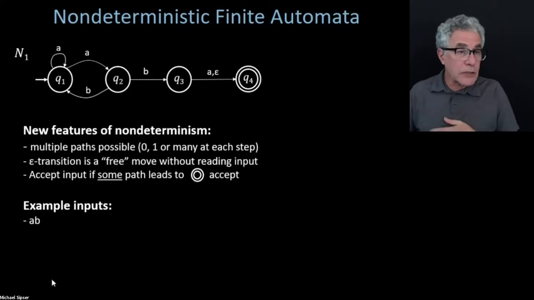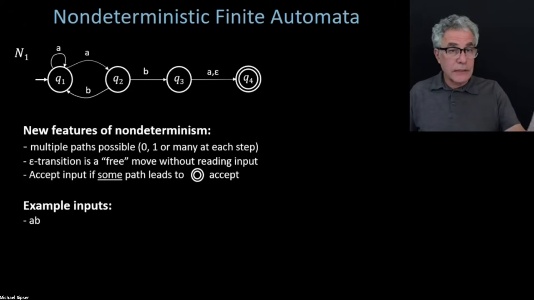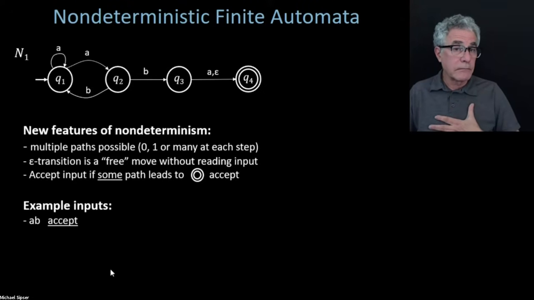So that corresponds to what we said before: accept the input if some path leads to an accept. So if any way of proceeding through these non-deterministic choices will lead you to an accept, then we're going to accept the input. Okay, so this input here is accepted.